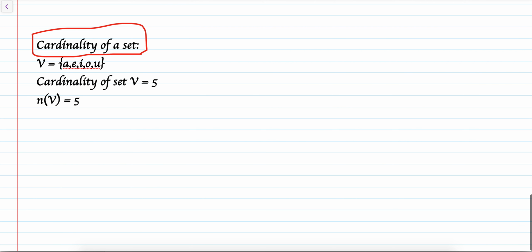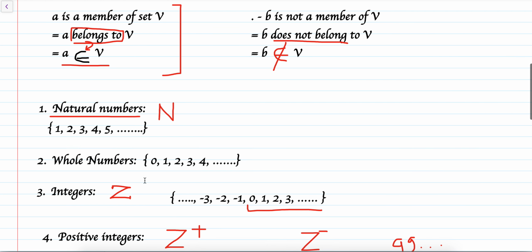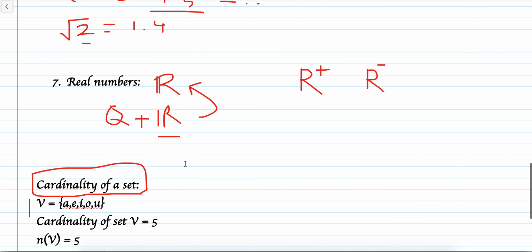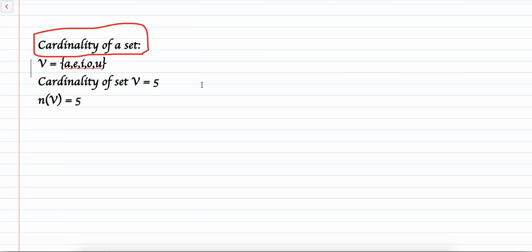Now we will see what are the different ways we can represent a set. So here we have been representing in this form, the set with a capital letter and the elements of the set separated by commas inside curly braces. So this was one of the ways of representing a set. We have other ways of representing the set also. So mainly we have two ways to represent a set.